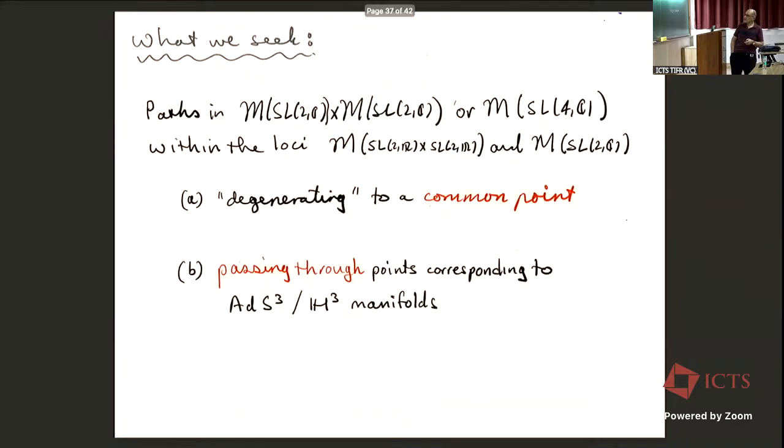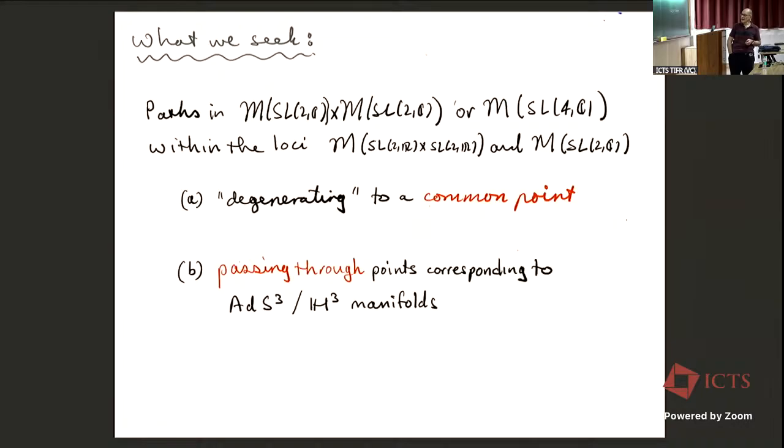What can you see? This is what we're looking for: interesting paths in these two Higgs bundle moduli spaces, one associated to SL2R cross SL2R, and the other associated to SL2C.